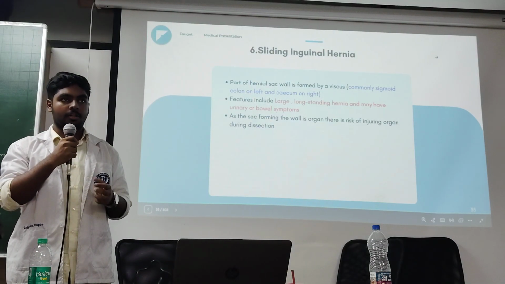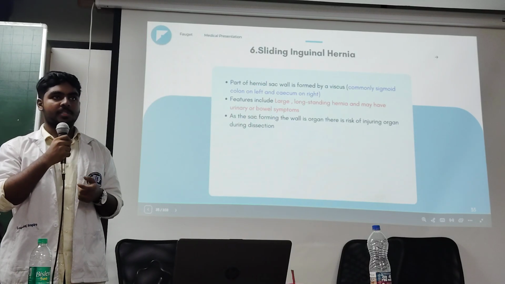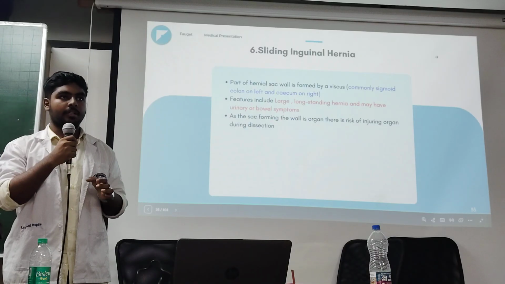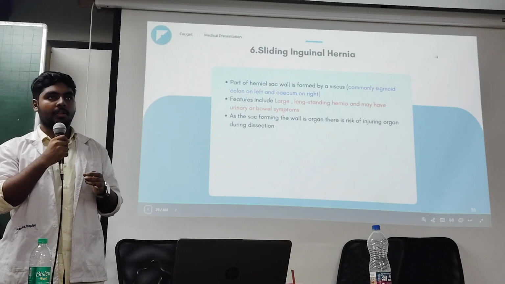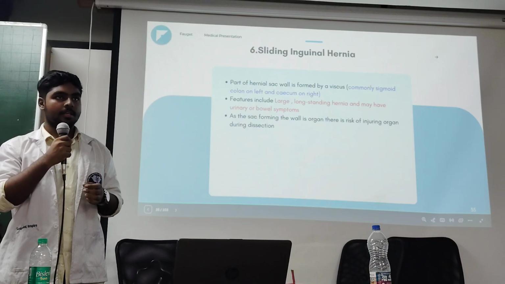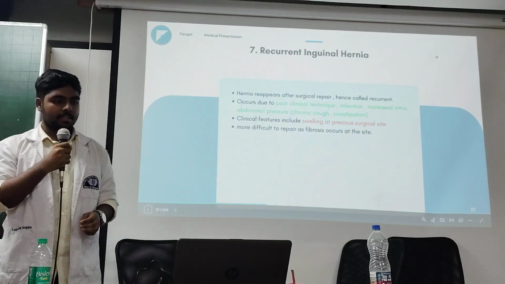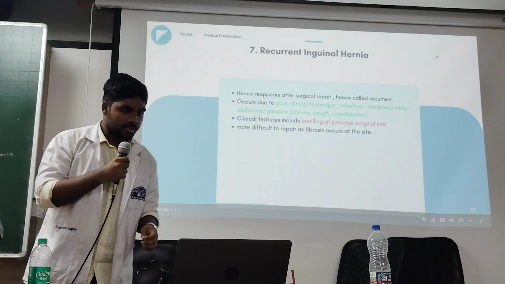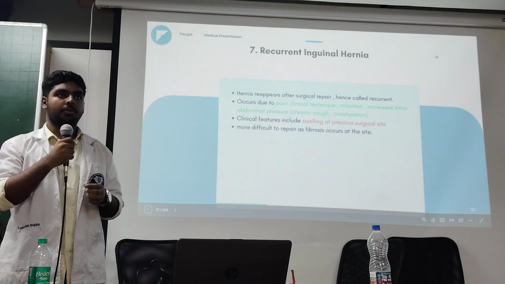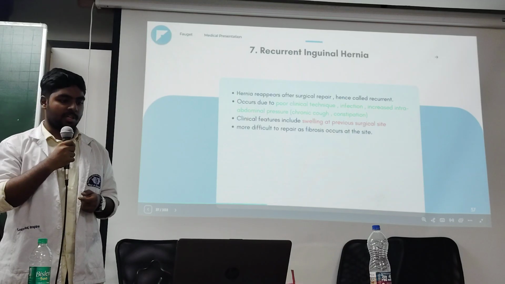In this, retroperitoneal organs like the sigmoid colon and cecum form part of the hernial sac, and it is of surgical importance because of the risk of internal organ injuries. Seventh, recurrent inguinal hernia. This hernia reappears after repair surgery, either due to weak repair or raised intra-abdominal pressure.